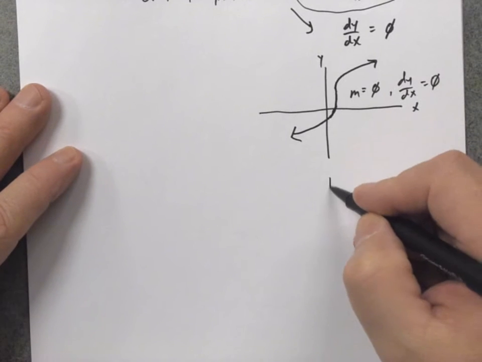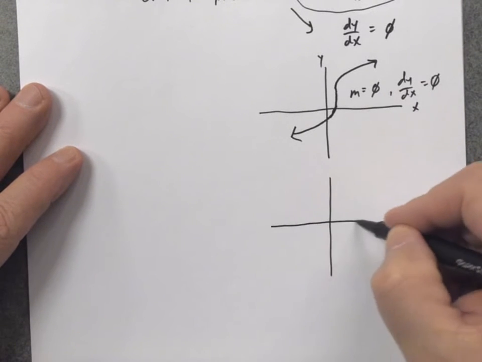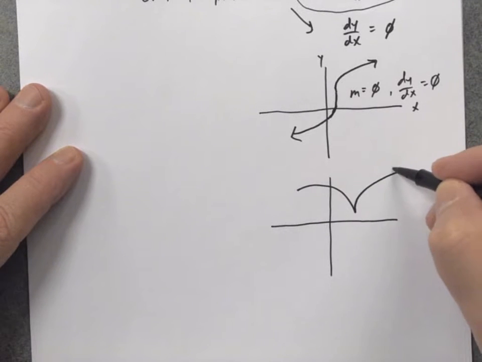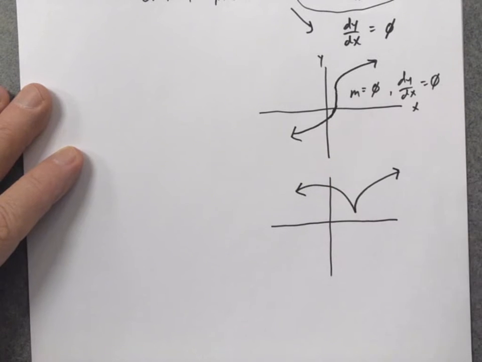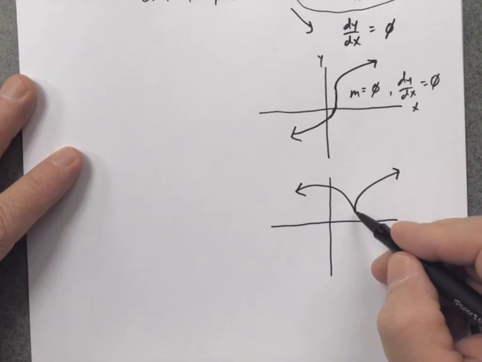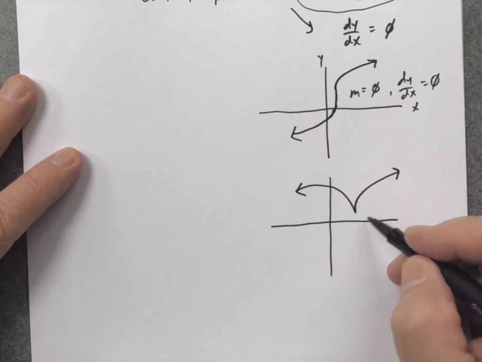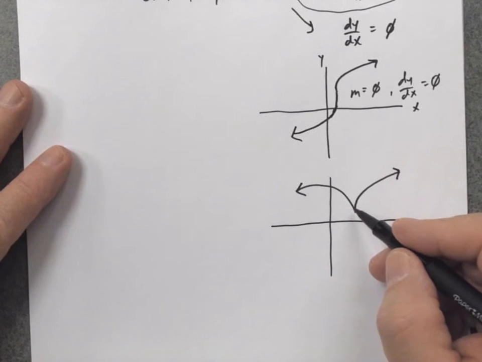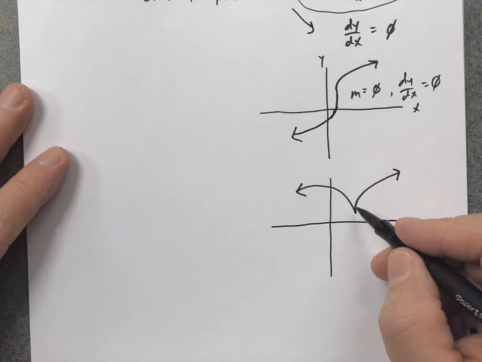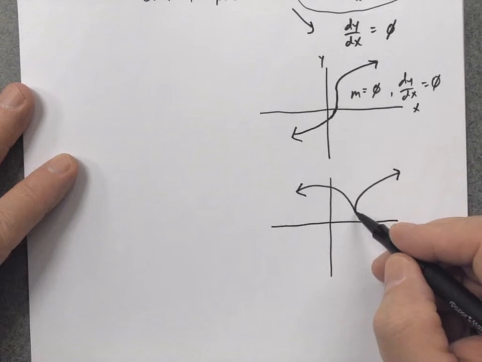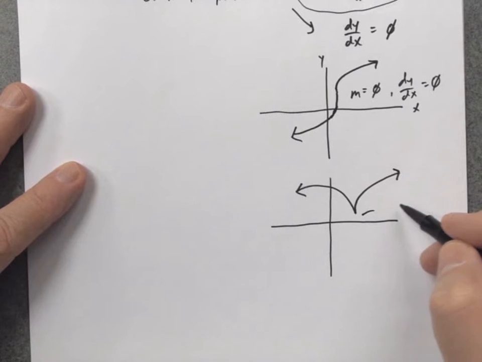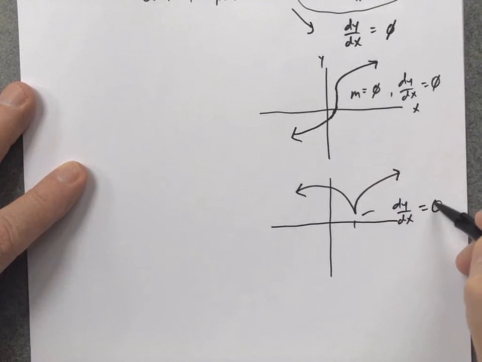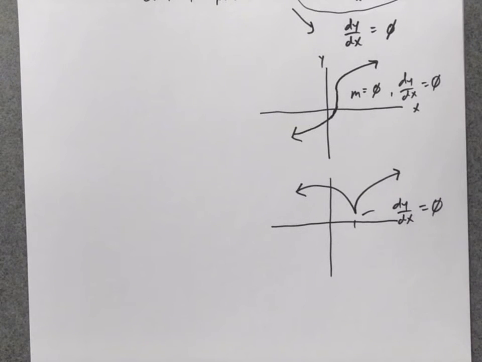A second kind of situation where we can have an undefined derivative, you get these occasional graphs where you have like a point. It's not a smooth curve. As it turns out, because of the way we define our derivatives, there is no first derivative at this point. So once again, at this point right here, the first derivative is undefined.